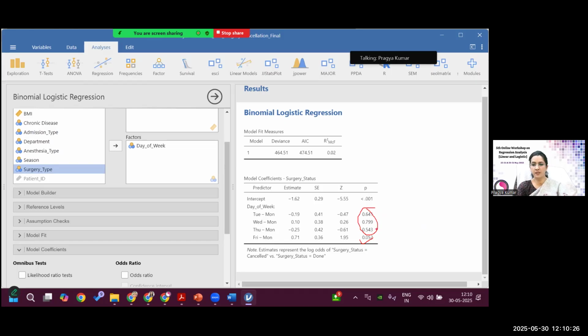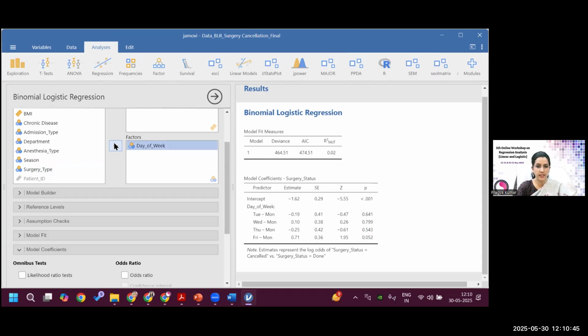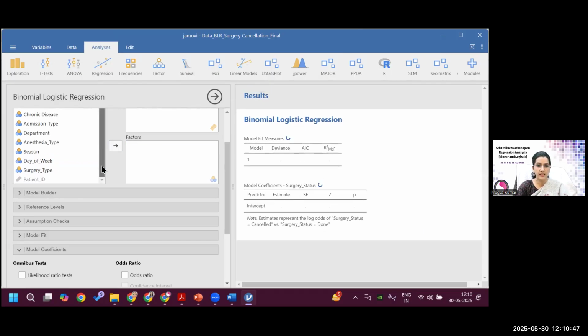You can see it, but there is very little chance because the p-values are very high, all these are like 0.6, 0.7, 0.5. Right now, I'm taking a decision not to include it. So I'm not taking days of week. This is again in the category of not having. So finally, and then surgery type, sorry.